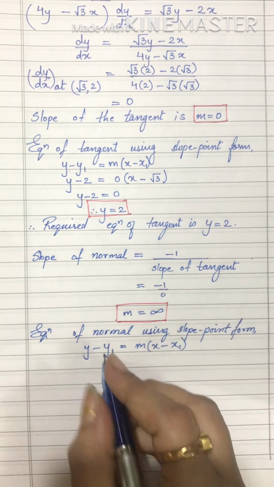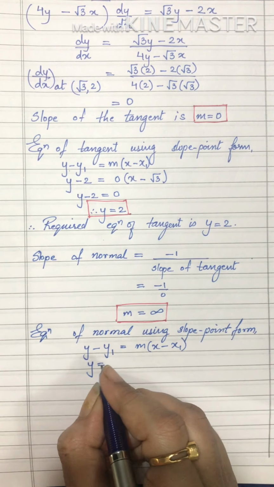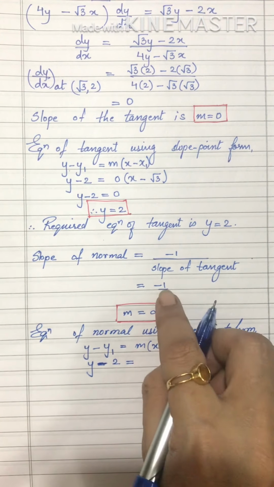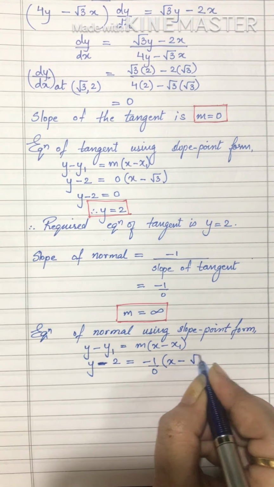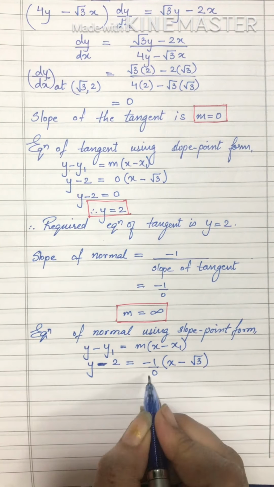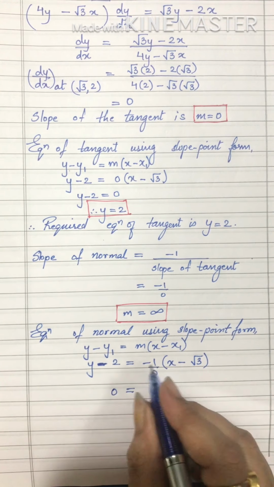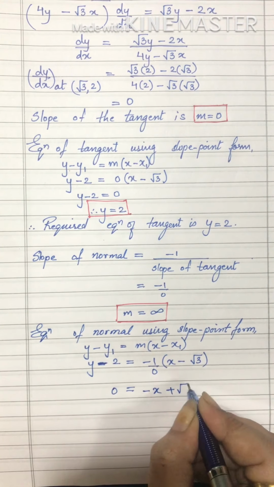In place of y1 we have the points were root 3 comma 2. So in place of y1 we have 2, that is y minus 2 is equal to, in place of m I'm writing minus 1 upon 0 into x minus root 3. Okay, now we will take the 0 to LHS. So this whole thing becomes a 0, and what is left with us is minus 1 into this. So that is minus x plus root 3.